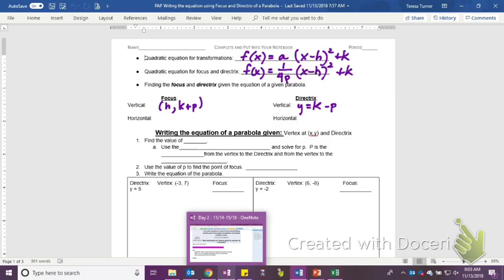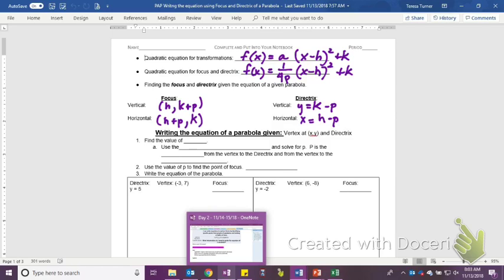In a horizontal parabola, the focus is at h plus p comma k, and the directrix is x equals h minus p. You might want to add these things to your foldable, but in any case, you need to have these notes and put these in your notebook.